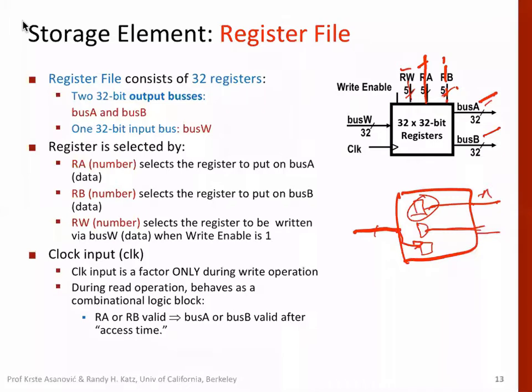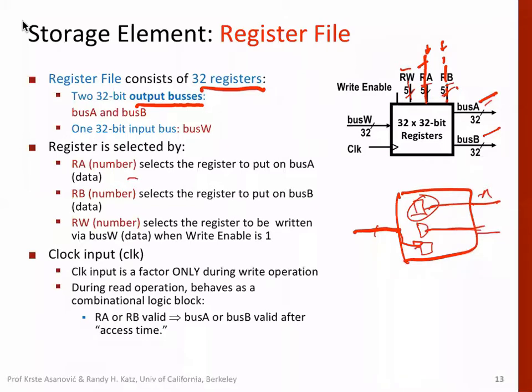That's exactly what we discussed in the points here: the register file consists of 32 registers, and each register is 32-bit. That's the reason there are two 32-bit output buses, because we can read two registers at a time. These two registers correspond to the addresses RA and RB.